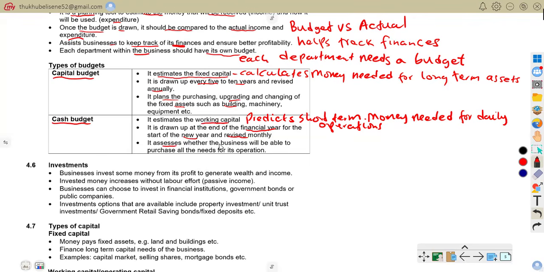It assesses whether the business will be able to purchase all the needs for its operation. Meaning, it shows if there is enough cash to run the business. So that is that. Now let us come to investments.